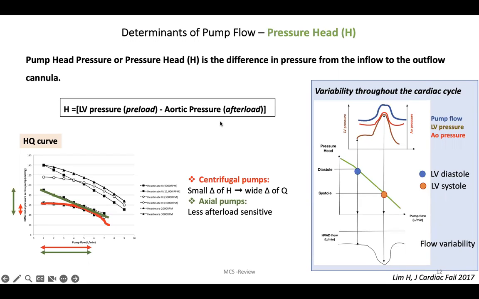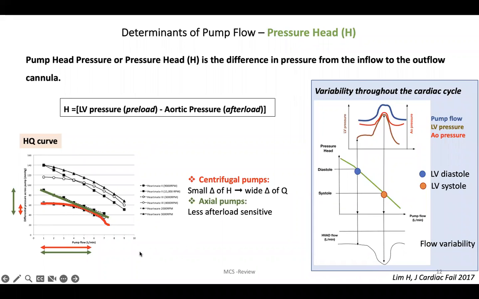gradient. It's really important to understand that because the pump flow Q is inversely proportional to this gradient. On the left corner, you have what is called the HQ curve, meaning the relationship between this gradient on the Y axis and the pump flow on the X axis.